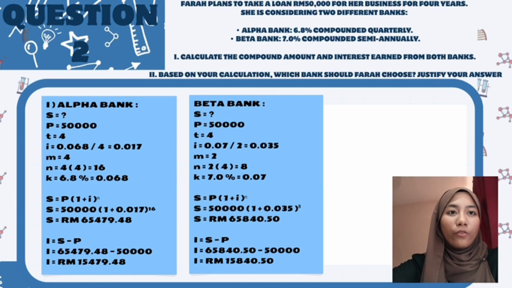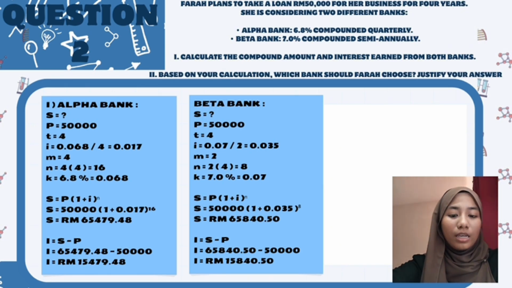Next, we move to Beta Bank. P is 50,000, T is 4, I is 0.07 divided by 2 equals 0.035, and M is 2. For N, 2 multiplied by 4 equals 8. For K, we get 7.0% or 0.07.